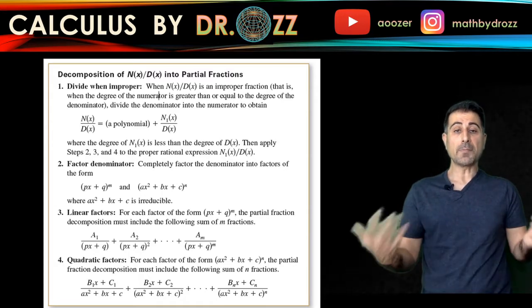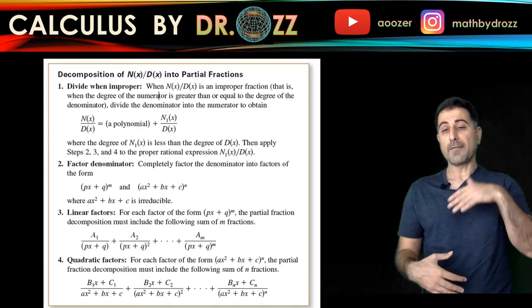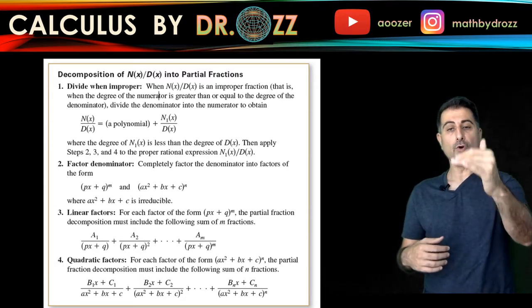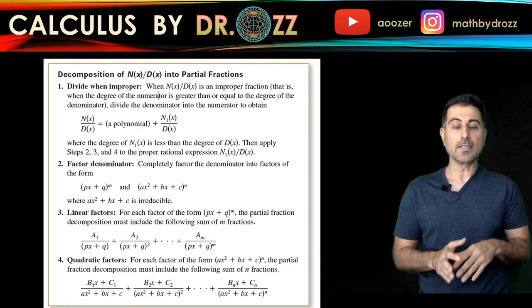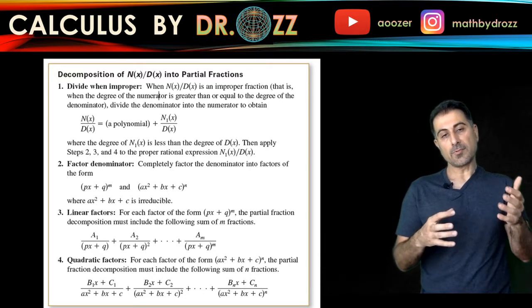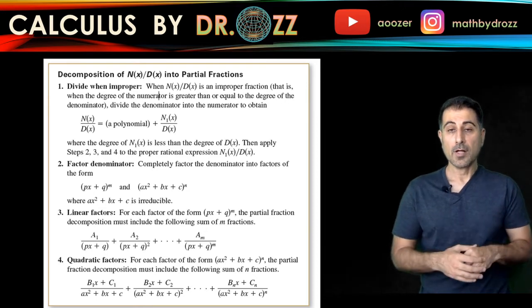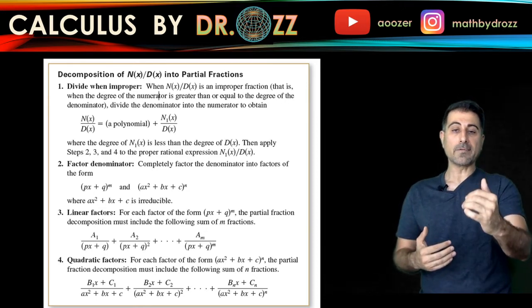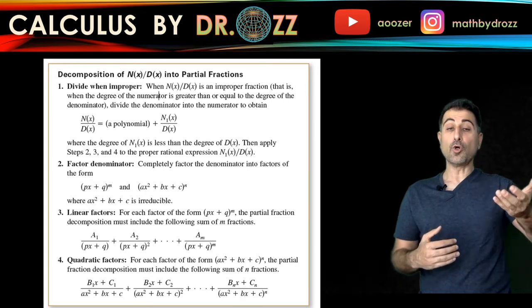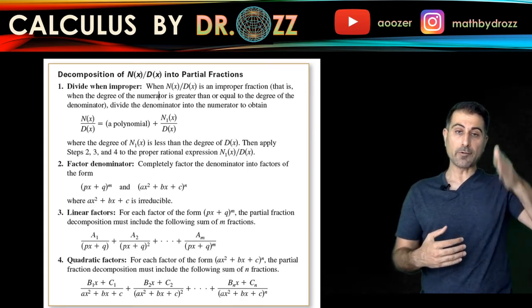If there are no repeating factors, for example, if the factor is linear, go with A over px plus q. That's it. If the factor is raised to the power of 2, in other words, you have a repeating factor, you're going to have A1 over the linear factor plus A2 over the linear factor squared, and you have to stop there.